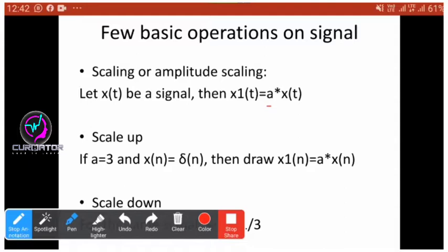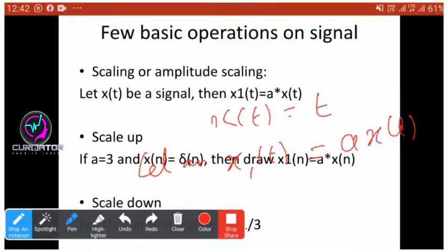Let us consider a signal x of t equal to t. Here if we multiply a scalar value, and now let another signal x1 of t be x1 of t equal to a into x of t, then this x1 of t is the amplitude scaled version of this x of t.